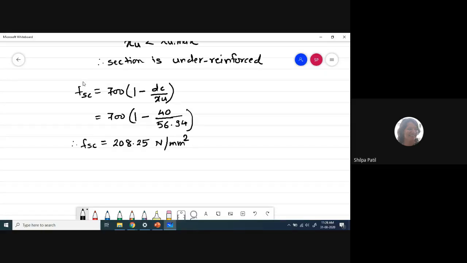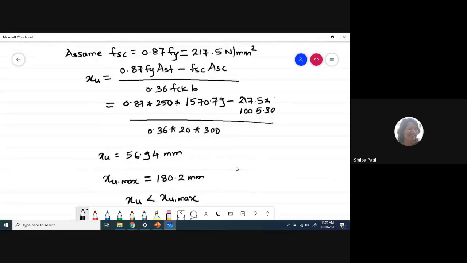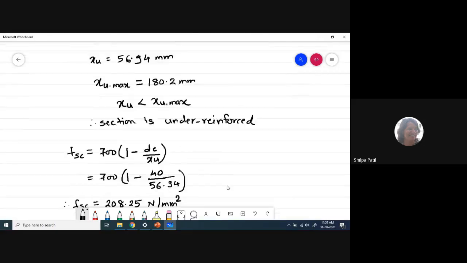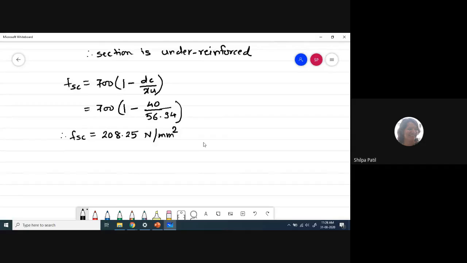Let us compare with 0.87 FY, which we calculated earlier as 217.5. This value is coming less than 0.87 FY, that is 217.5. What does this indicate?